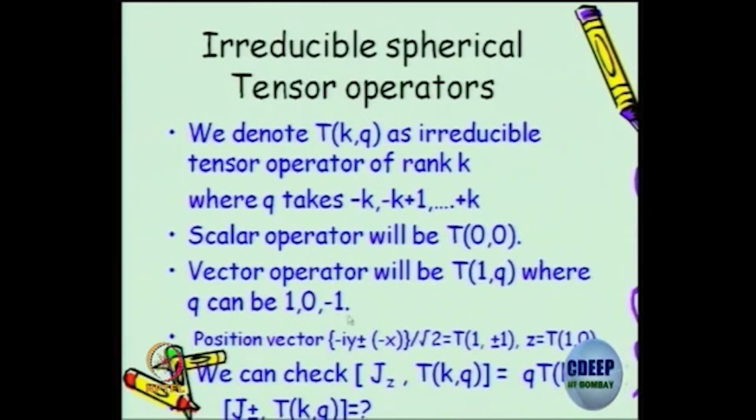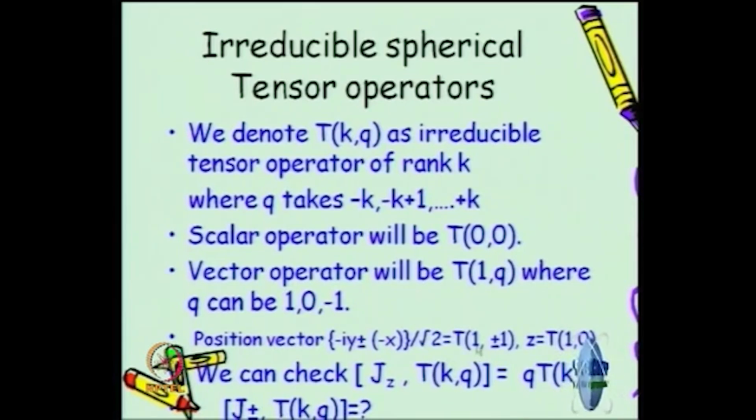Now you will ask, suppose you take the position vector, you know that the components are x, y and z, but to make contact with this formal notation, it's better to write them as complex coordinates. We'll see why we are doing this. The z component is T1,0.